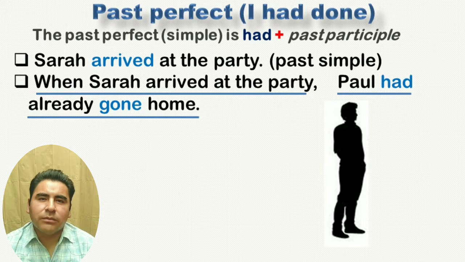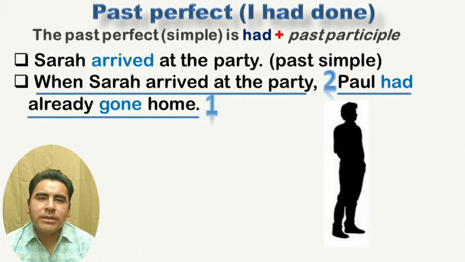At first, Paul was at the party. He had already gone home, but he was at the party. Okay, that's the first action. Then he left. But then we have another action: Sarah arrived at the party. She was late, maybe.